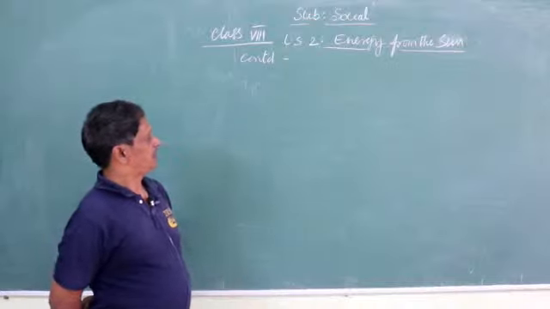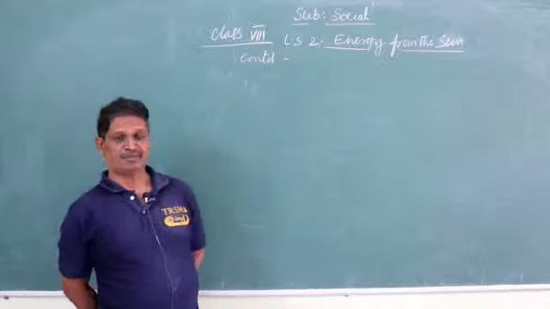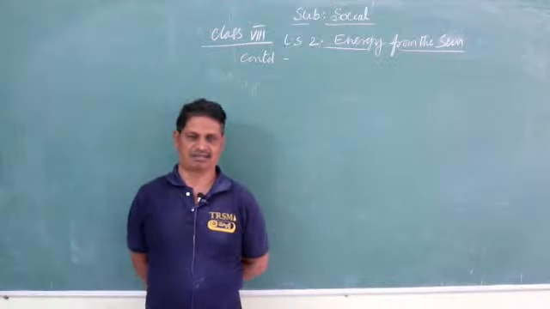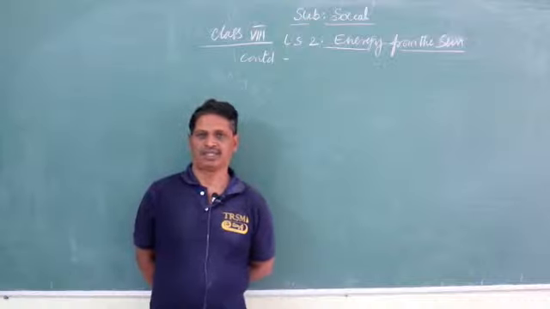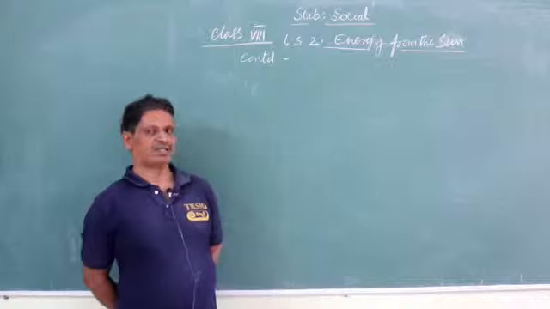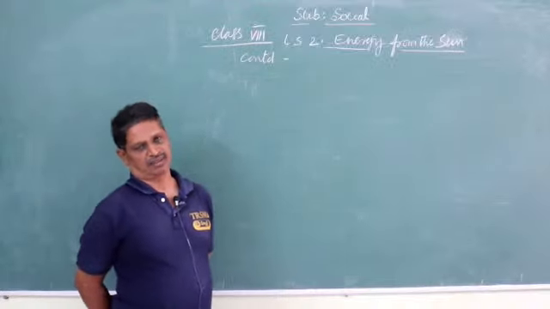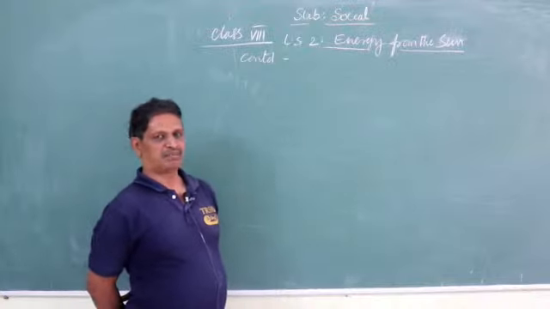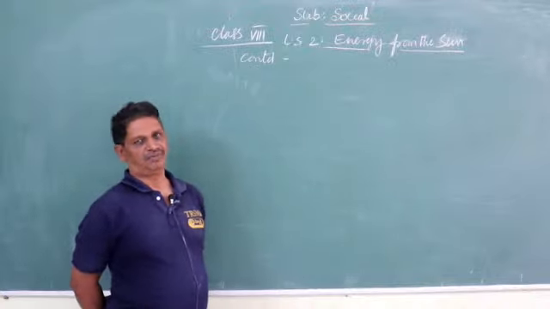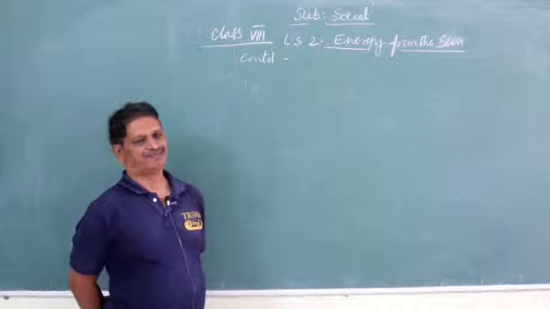Okay? So how does the temperature rise, and where is the temperature high and where is it low? Temperature is not the same in all places because it is determined by the relief features.